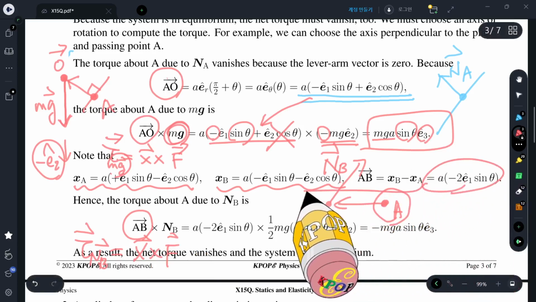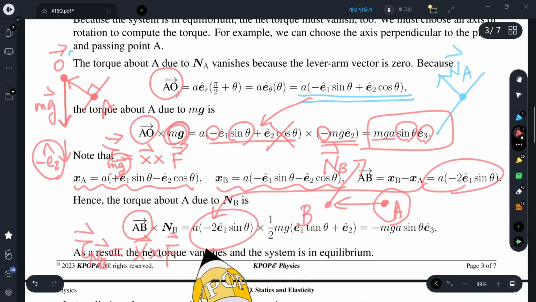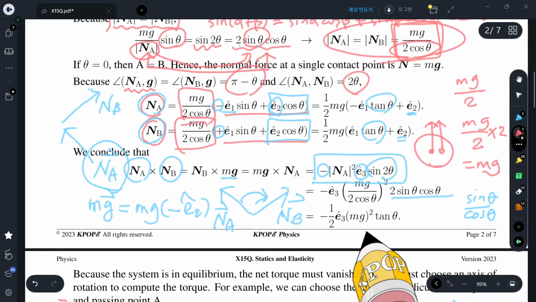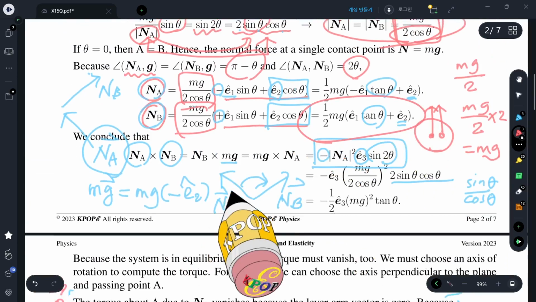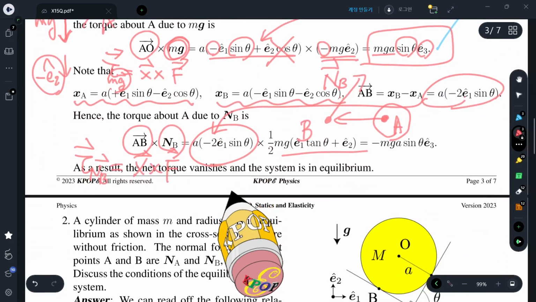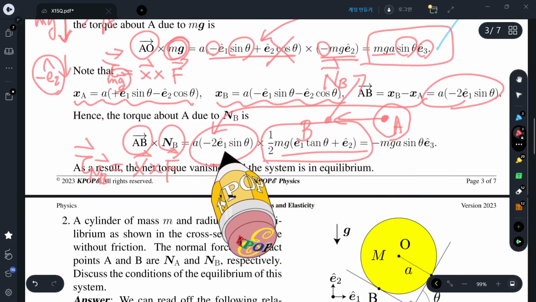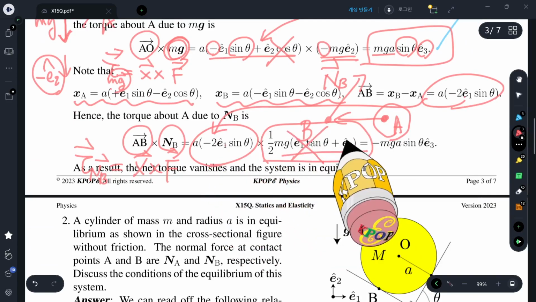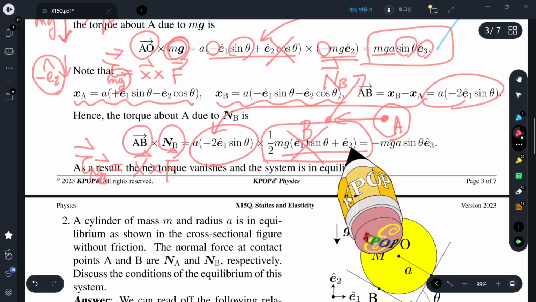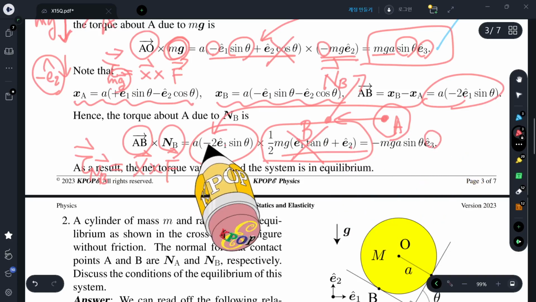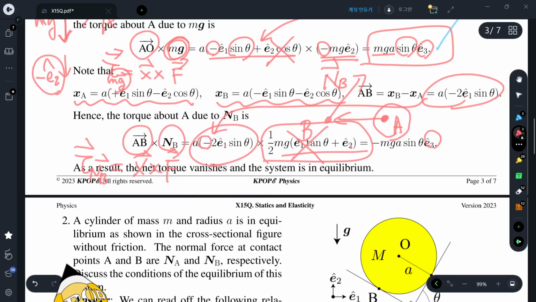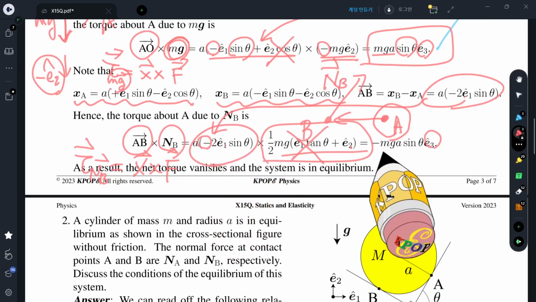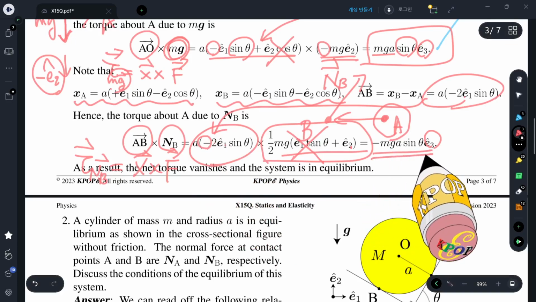I copied this value, and NB is given in here. I copied that result in here, and e1 cross e1 cancels, and e1 cross e2 becomes e3. However, we have a negative sign on it. The 2 and 1/2 cancel, and we find this.